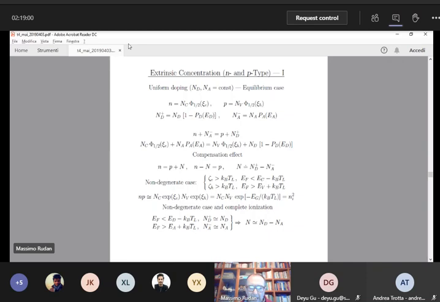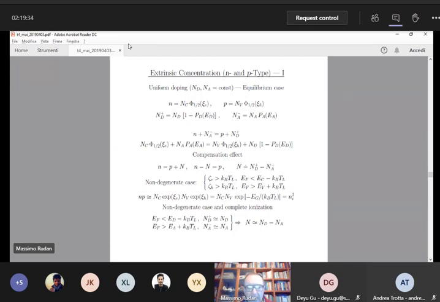It is also possible to make this observation. You can define a quantity that is indicated with capital N, and this quantity is the net ionized doping concentration. Net means donors minus acceptors.